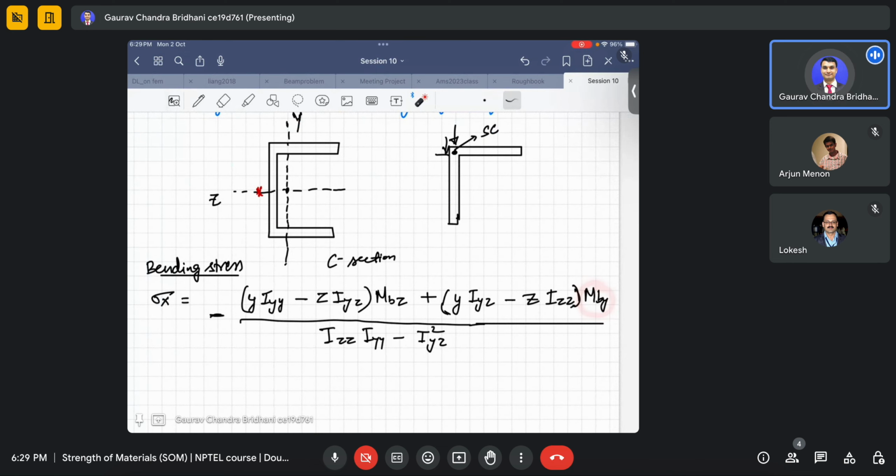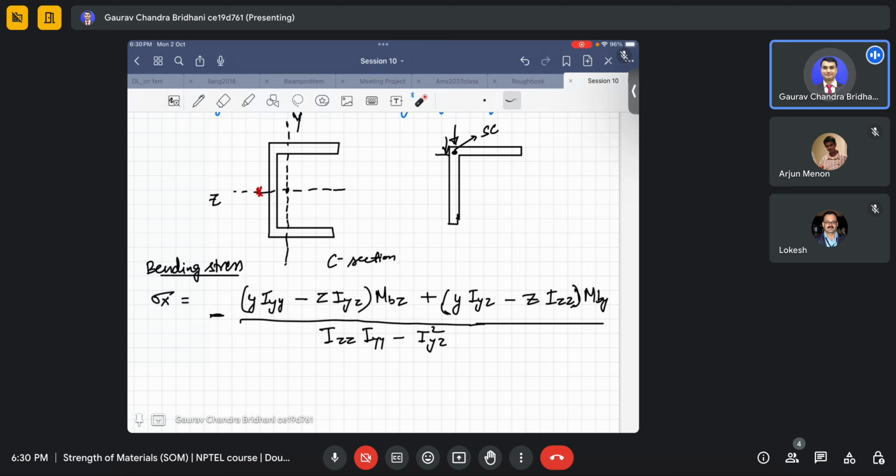Basically we are getting a bending moment about the y axis also, so he has included that term. Here with MBY and MBZ we are getting the unsymmetry in the loading. If there is no unsymmetry in the loading, then only one of the terms will be there, either MBY or MBZ. But if both are present, that means the bending is happening about both the axes.